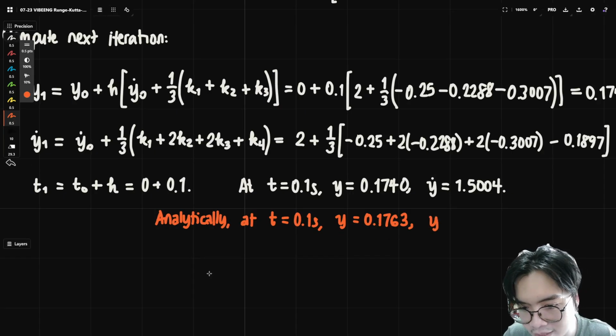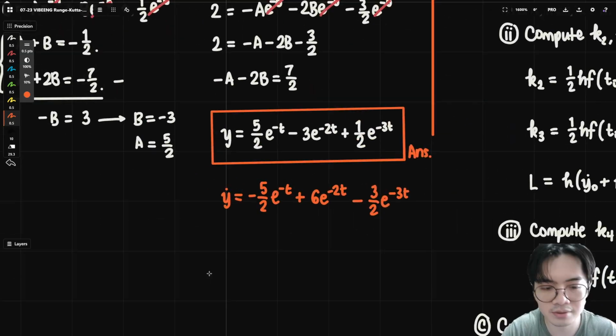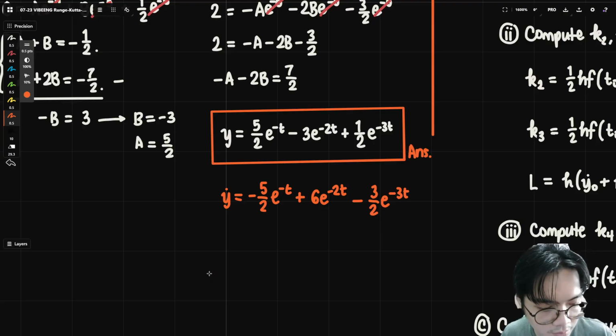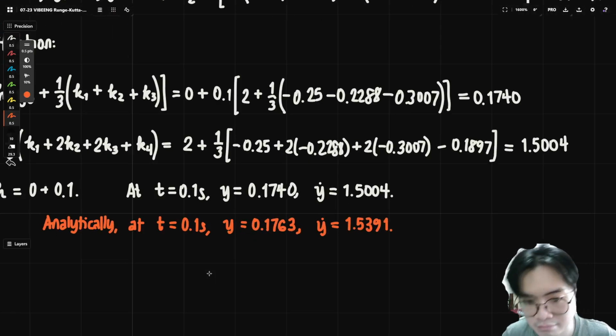And then our y dot will be, let's see, hopefully mas malapit this time around. Plus 6 negative 1.5. We will have, okay, medyo malapit-lapit na rin, 1.5391.